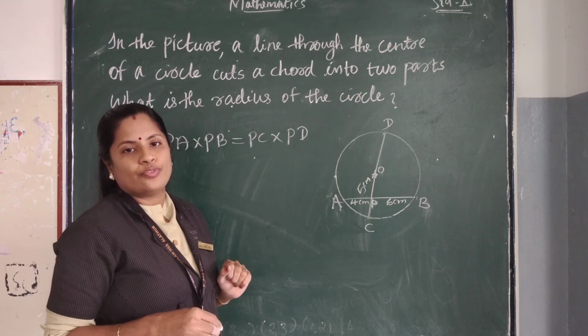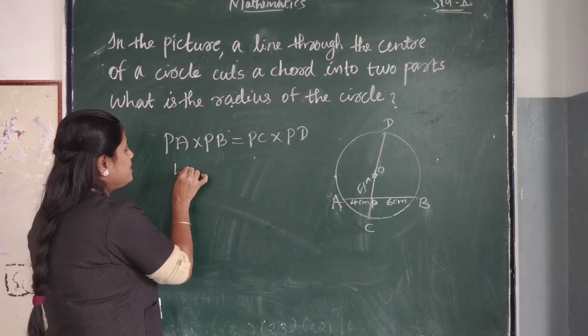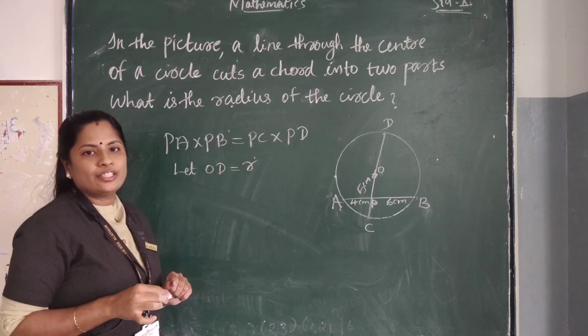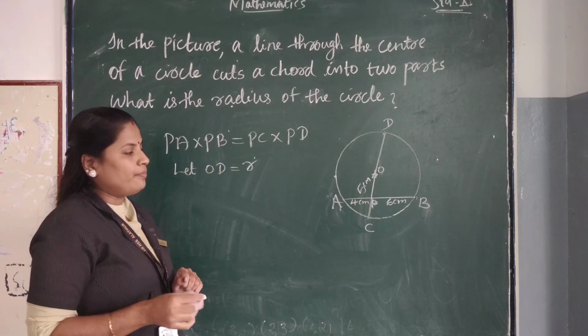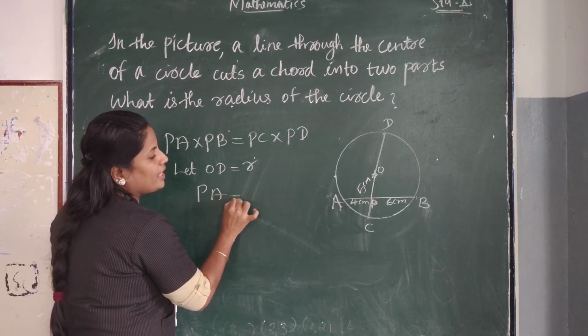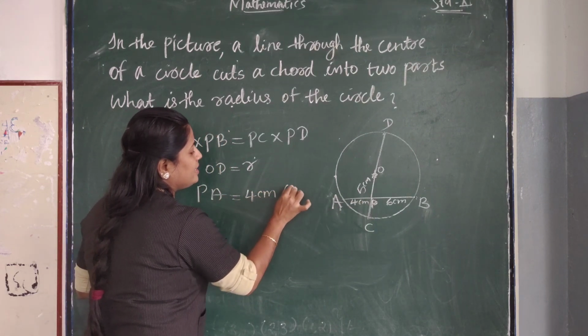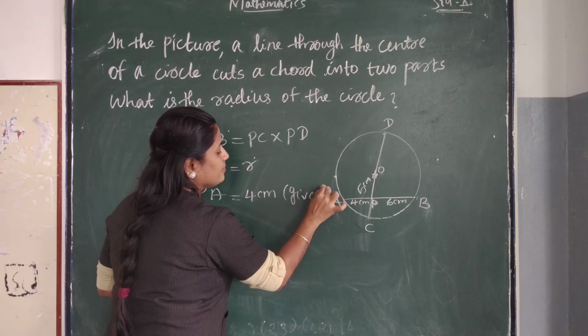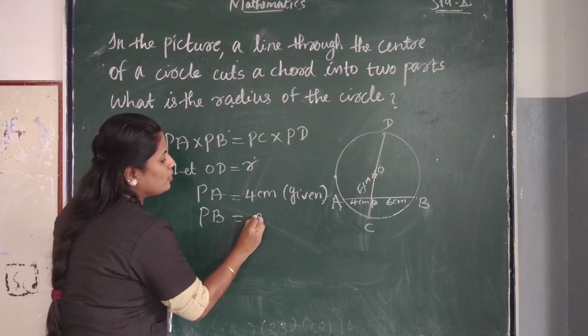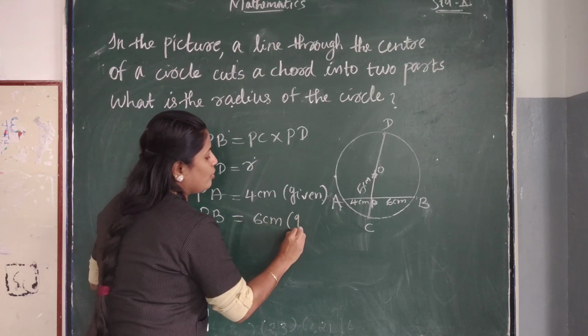That is the radius of the circle. So let OD equal to R. That is the radius of the circle. Okay, then PA equal to 4 cm. That is given in the question. Then PB equal to 6 cm. That is also given.